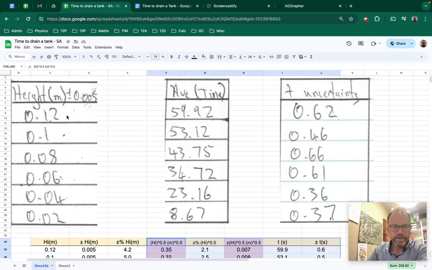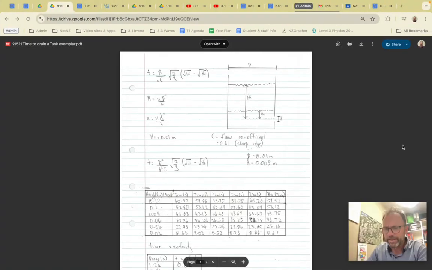So there are the stolen, copied results. I haven't done the experiment. I'm just going to use his data, which is a shame because if I'd done his experiment, I would have come across issues that can only be discovered by actually collecting the data. What are the limitations? What were the errors potentially? What was difficult about getting the data? So you only get that knowledge by actually hands-on collecting the stuff.